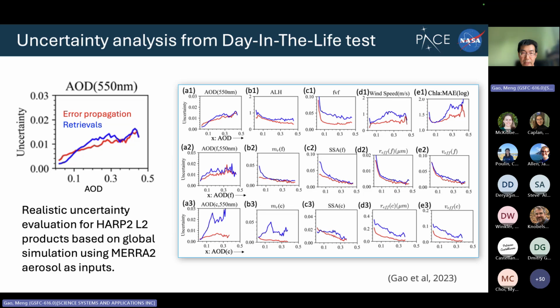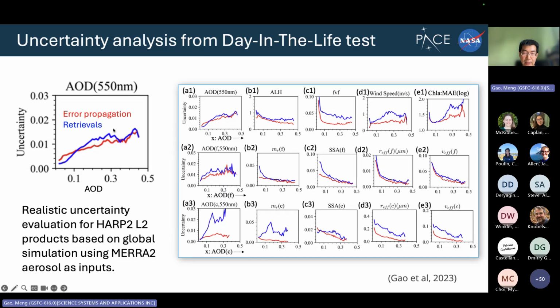One thing I want to say is that we did conduct a realistic simulation before the PACE launch. This is the so-called day in the life test. We have a realistic HARP2 simulation, and based on that, we do some uncertainty analysis. We can compare our retrieval and the truth, and then we can also look at the error propagation uncertainty. That is basically the theoretical uncertainty we expect. If these two match each other, that means our retrieval achieves the maximum performance.